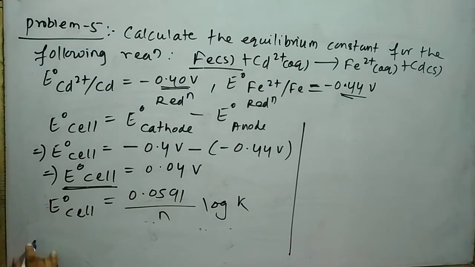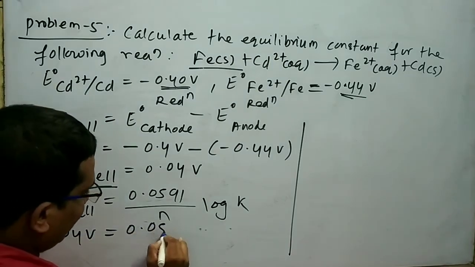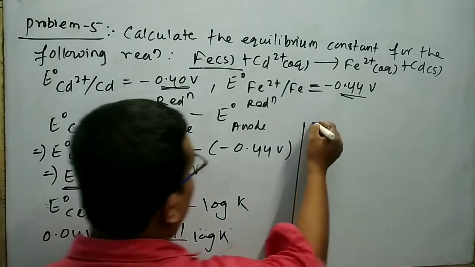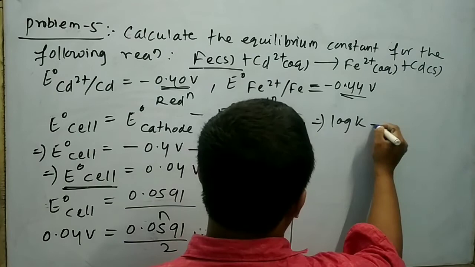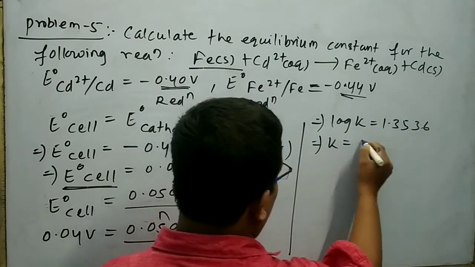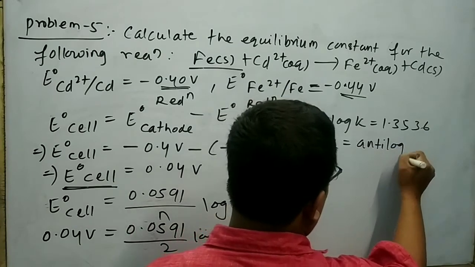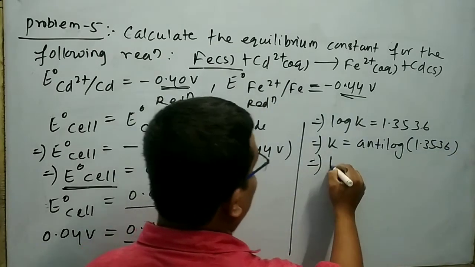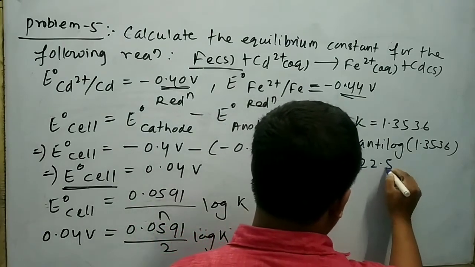So I can write 0.04 volt equal to 0.0591 divided by 2 into log K. After solving, log K equal to 1.3536. This implies that K is the antilog of 1.3536. After solving, K is equal to 22.57.